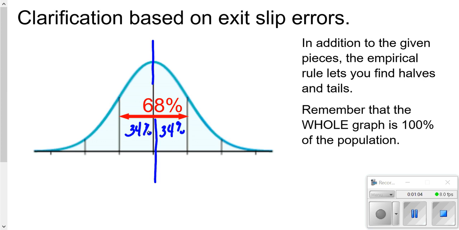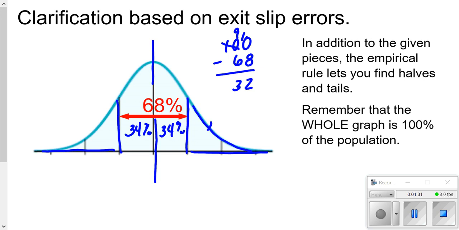I also know, because of the 68%, since 100 minus 68 leaves me with 32%, that each of these tails, the parts that I do not have a label on yet, is 16%, because half of 32 would be 16.